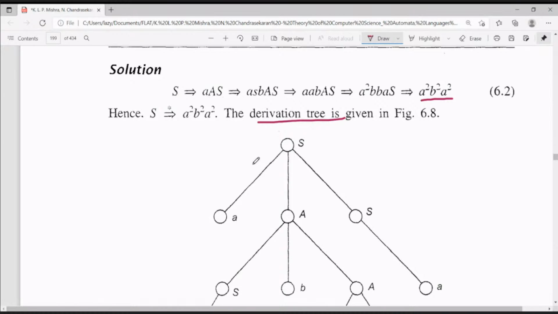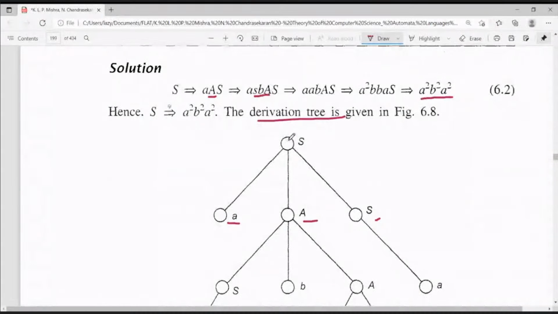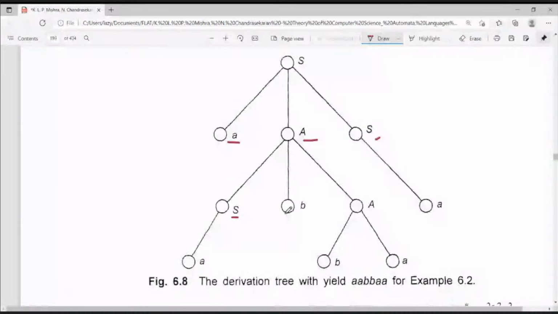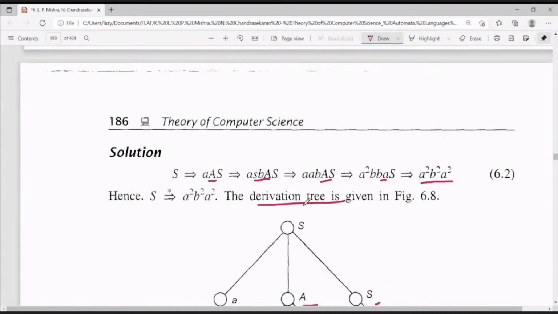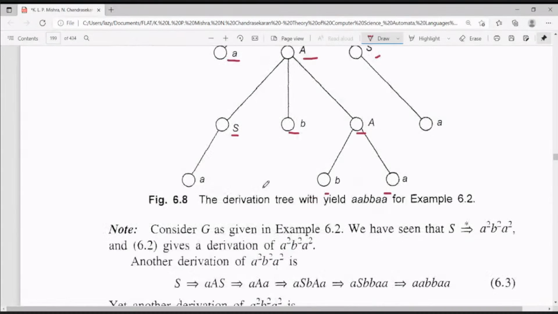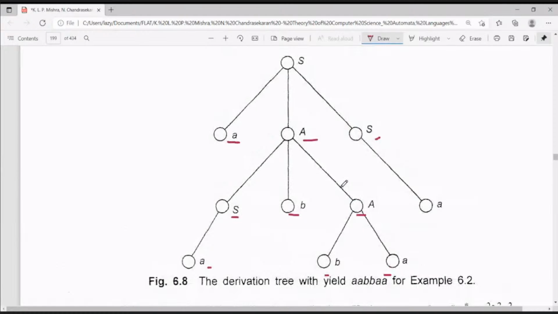As S implies AAS, firstly that, and then this A is replaced by SBA. Then A is replaced by BA, and then S at the end is replaced by A. So you will get the yield A, B, B, A, traversing from the left.